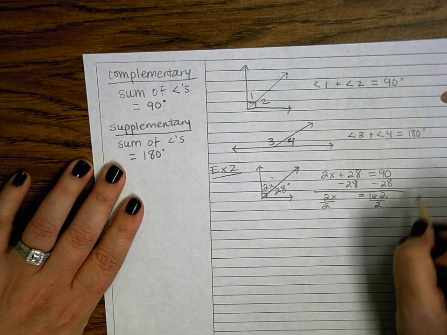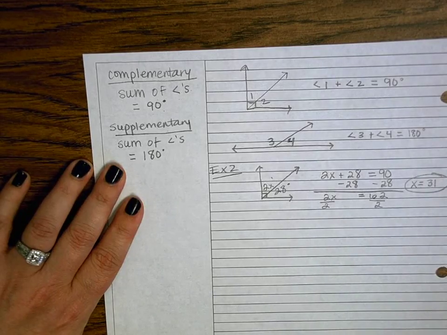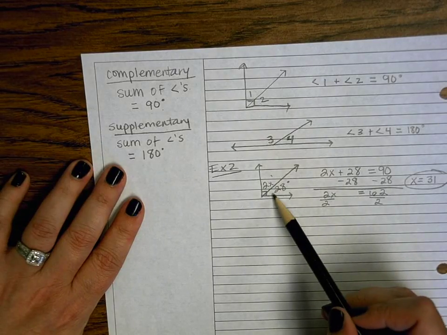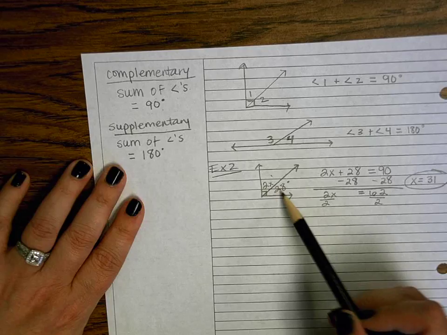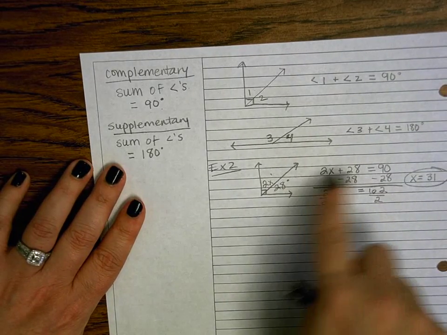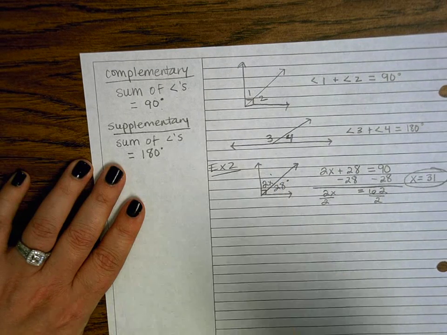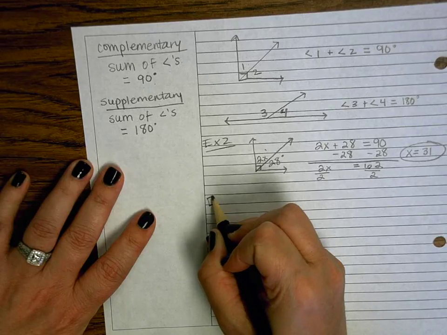So x is equal to 31. That's it. So if you have a picture like this with a 90 degree angle, you know you can solve it by adding up to 90. Some people start to see shortcuts and they're like, before I write all this, I'm just going to subtract 28 from 90 because I know that's the difference. A lot of you guys that are getting more advanced are going to start doing it that way, and that's fine with me.